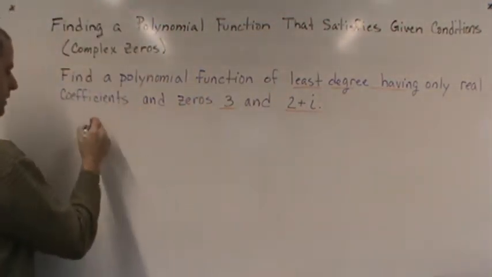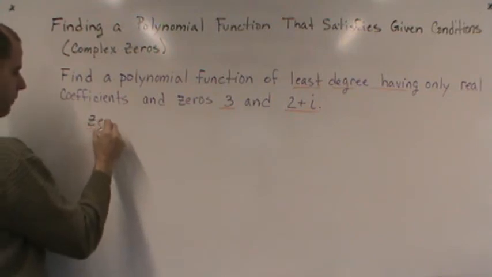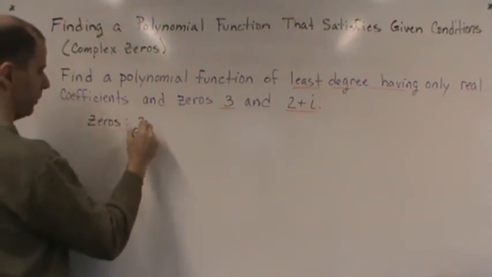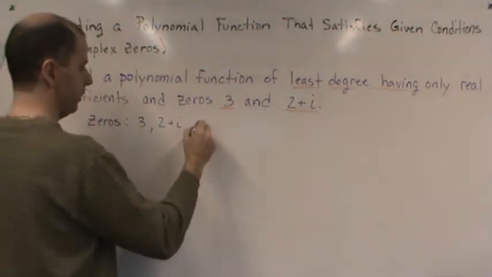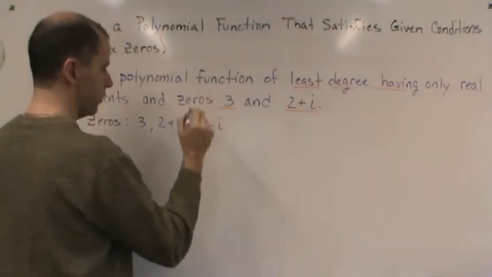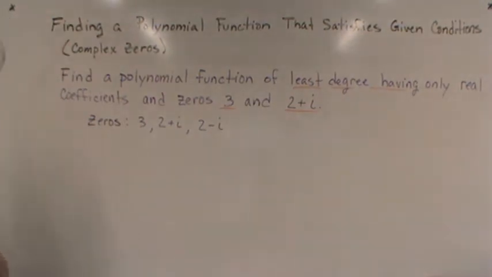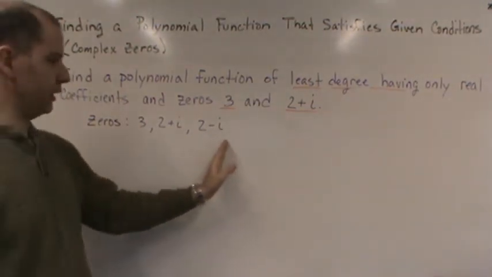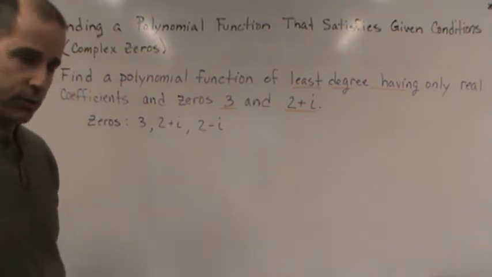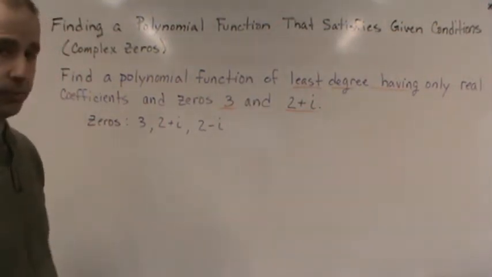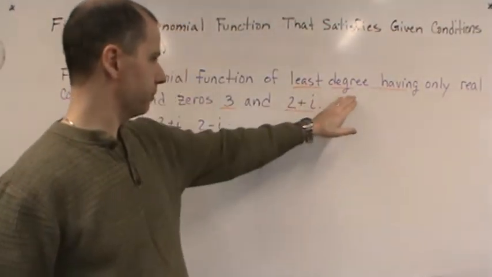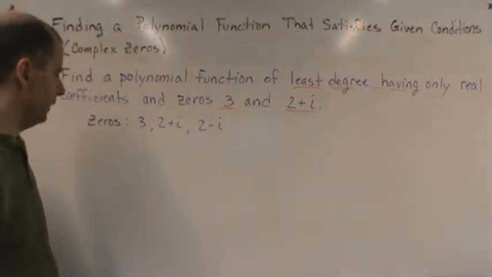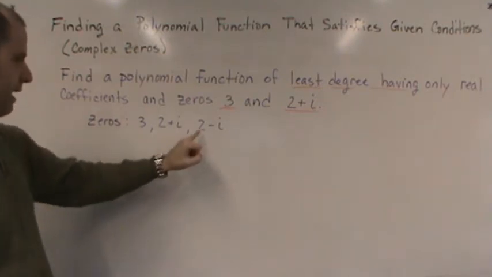So we know that the zeros are going to be 3, 2 plus i, and 2 minus i. And so in order to be least degree, these have to be the only zeros. So we're going to use these as the only zeros.